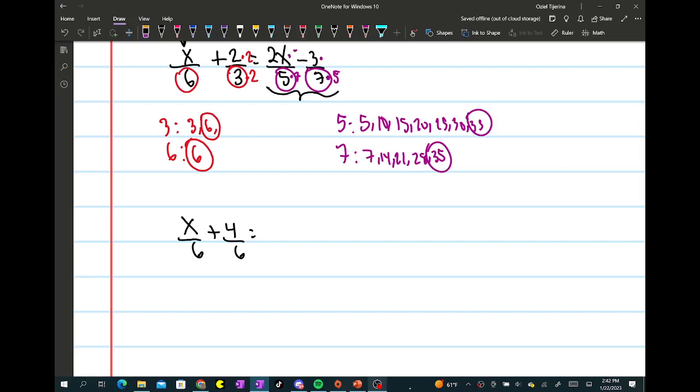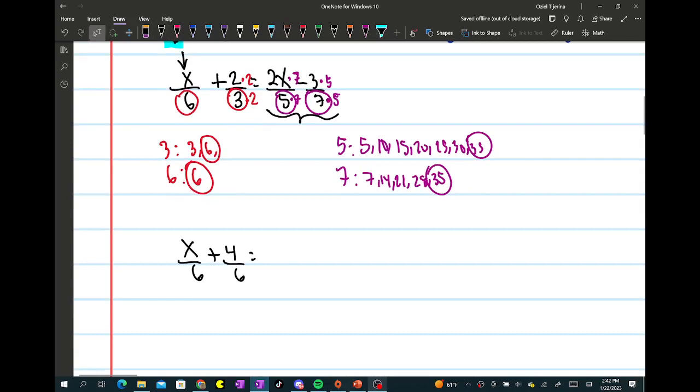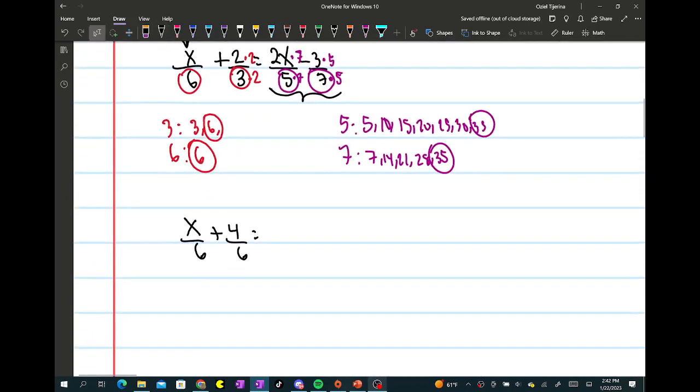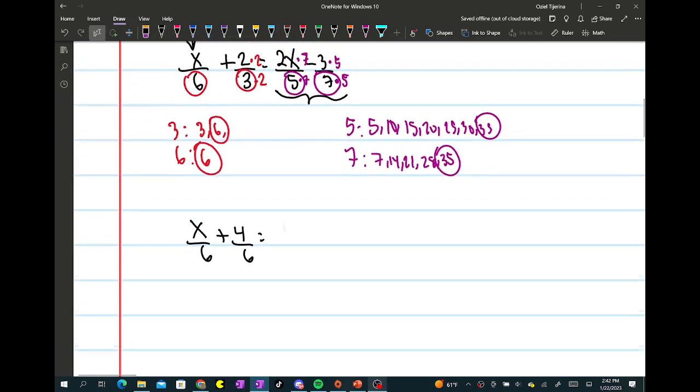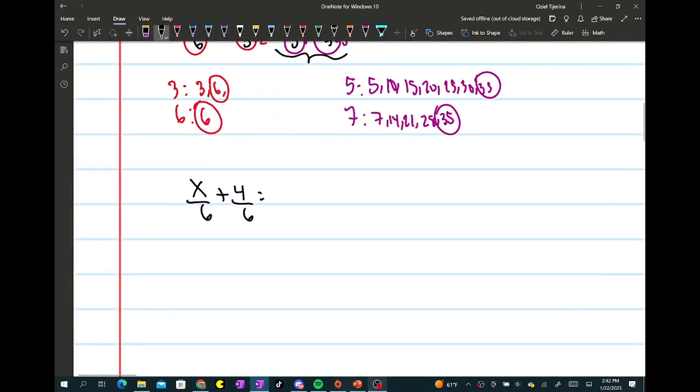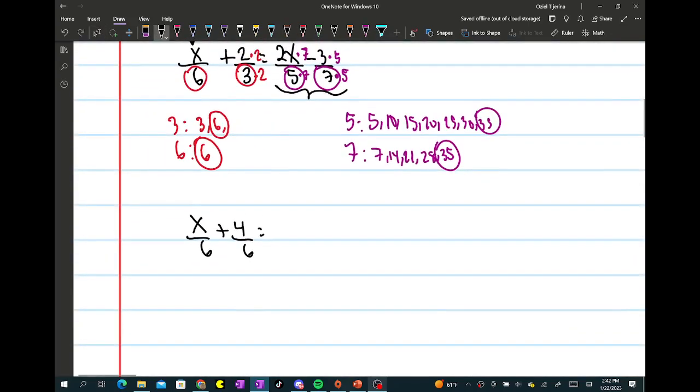Oops, it's supposed to be 5. Right, so then I'm going to have the following. So x over 6 plus 4 over 6, and then that's going to be equal to 2x times 7. So this part is going to be 14x, because that's what we have up here.